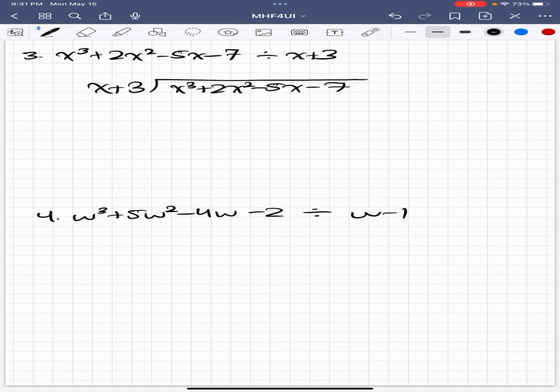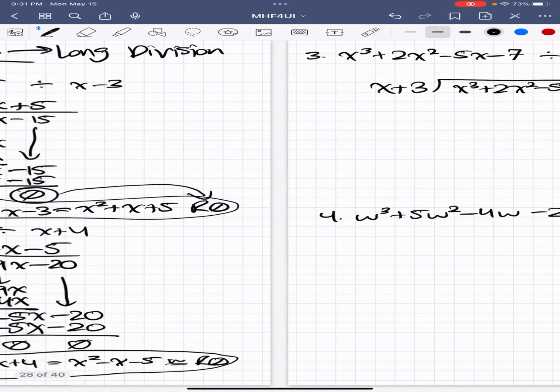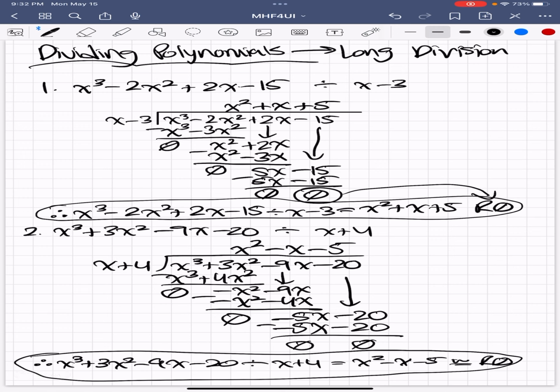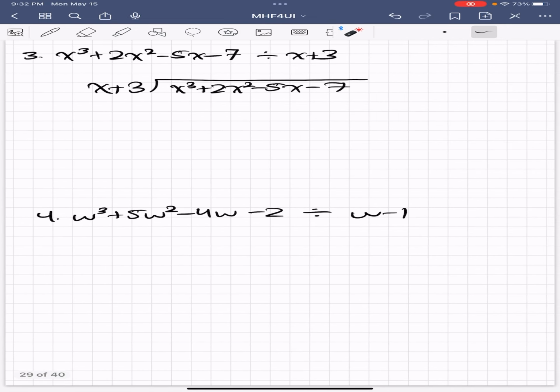So I'm just going to go through them a little bit faster in hopes that you understand already, like x multiplied by x equals x squared, or x multiplied by 5 equals 5x. Different things like that. So I've tried to explain to you how it works, and so we're just going to go a bit faster here.